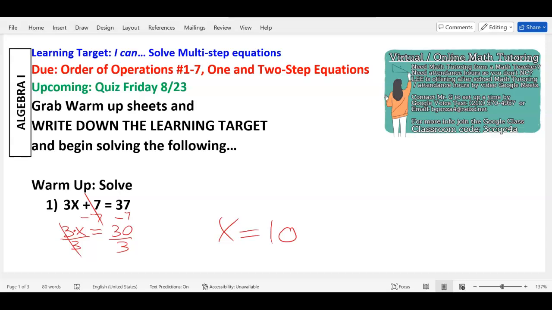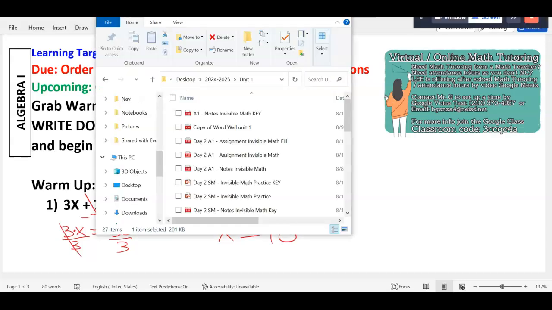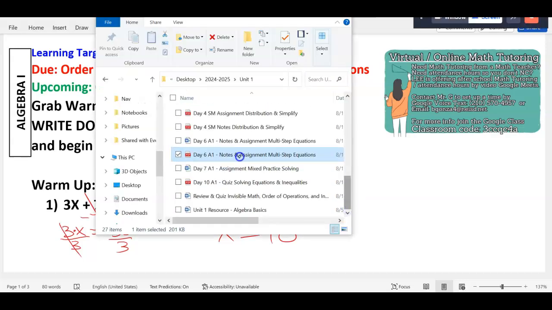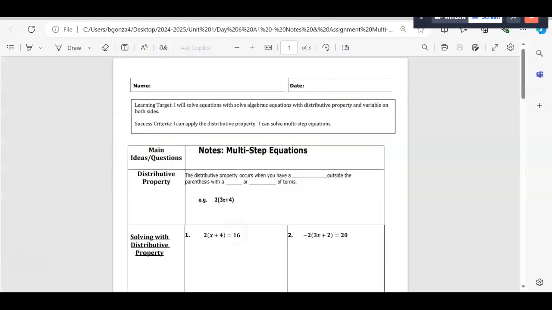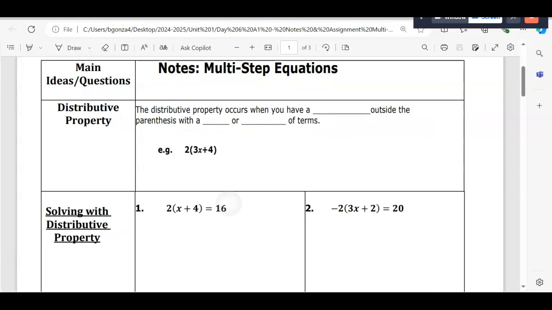All right, let's take a look at this. All right, everyone's looking up here at the front. Let's talk about solving not just 1 or 2 steps, but multi-step beyond 2 steps, okay? So, the distributive property occurs when you have a blank outside the parenthesis.